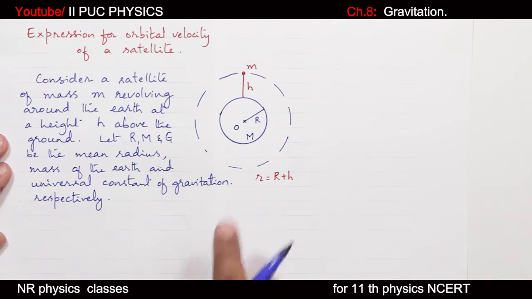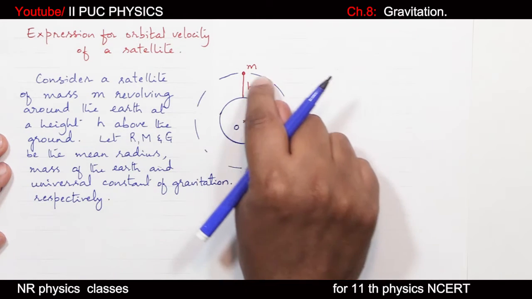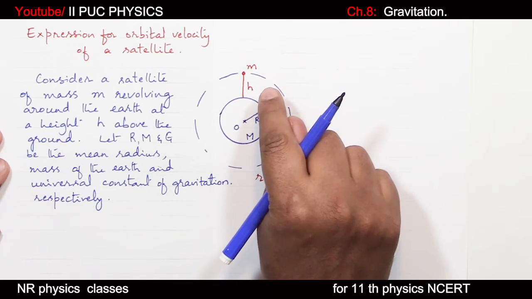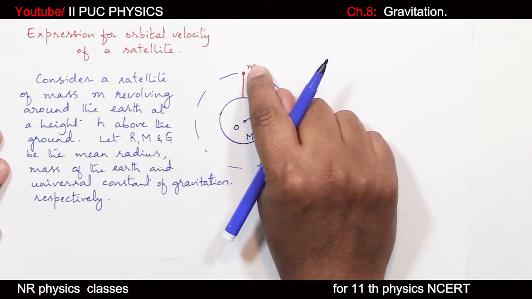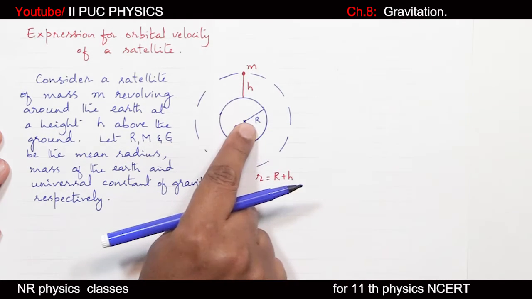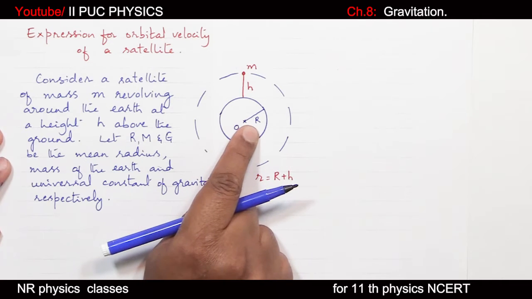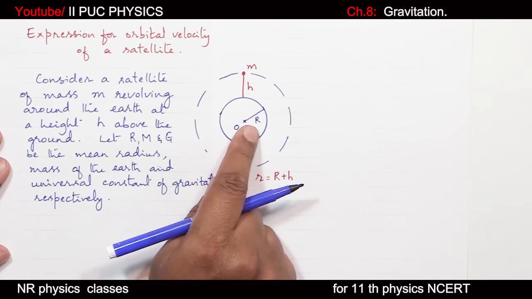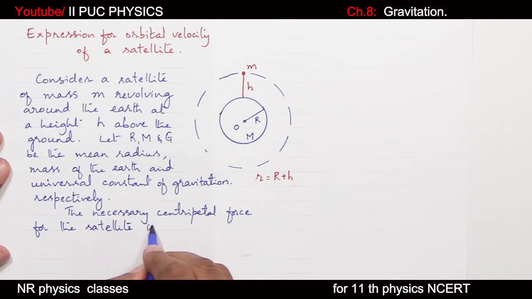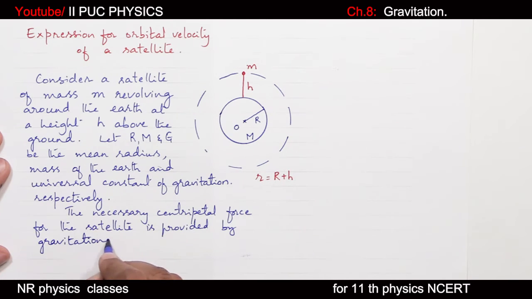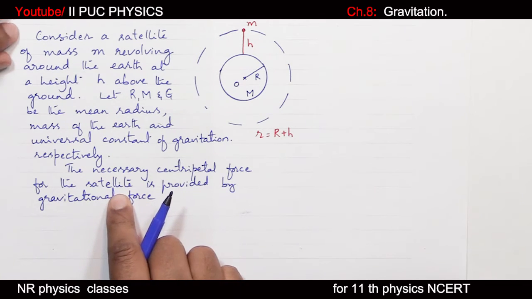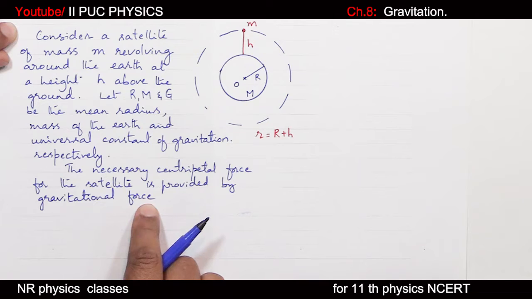If the satellite is revolving in an orbit, then there should be centripetal force. The necessary centripetal force for the satellite is provided by the gravitational force between this mass and the huge mass, the mass of the Earth.